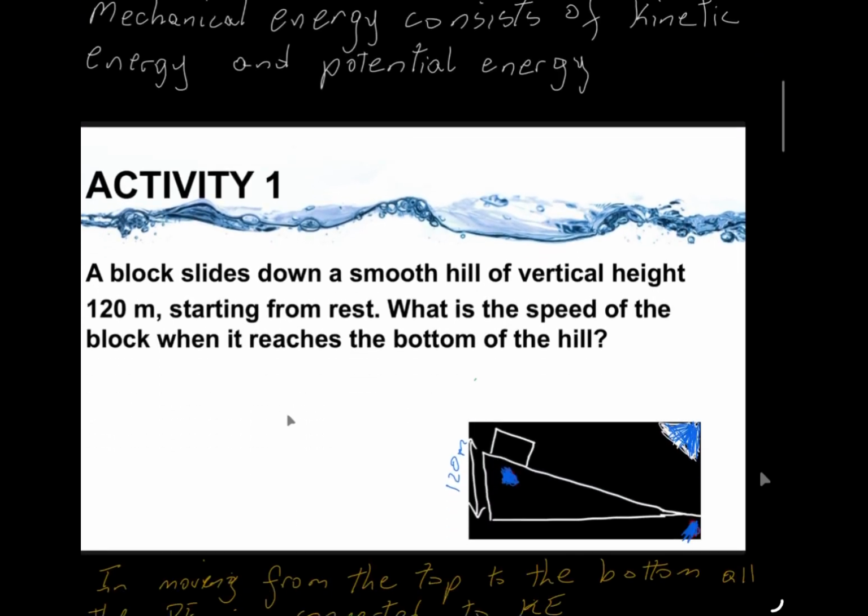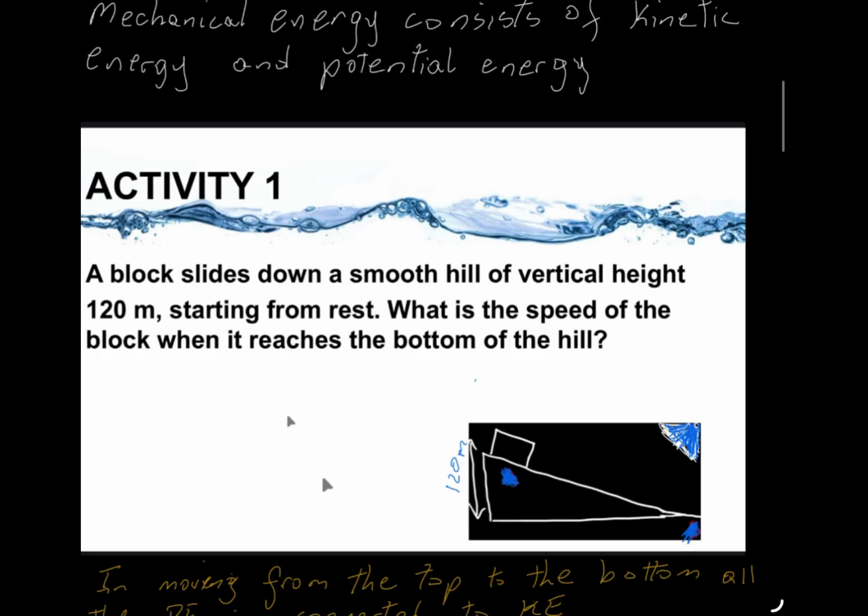In this first activity, a block slides down a smooth hill of vertical height 120 meters starting from rest. What is the speed when it reaches the bottom of the hill? Now note that at the top of the hill, it is full of potential energy, but when it starts moving, it gains kinetic energy, gains velocity, and when it reaches the bottom of the hill, it has no potential energy, but it's full of kinetic energy.